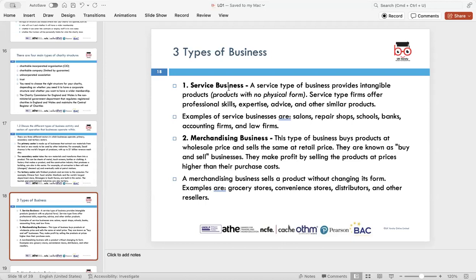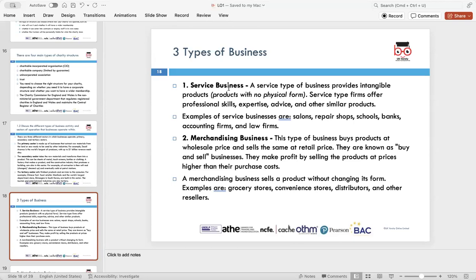Merchandising businesses are another form of business that involves purchasing things at wholesale prices and then selling them at retail prices. They are called buy and sell enterprises in the industry. They are able to generate profit by selling the products at prices that are higher than the costs of their acquisition.